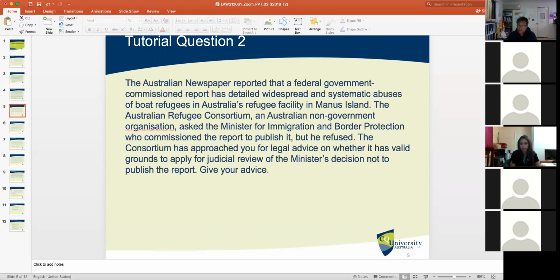It involves a political and policy decision on whether or not it should be released, because it has implications on the susceptibility of the Australian government to being embarrassed by the report, potentially being subjected to legal processes or even lawsuits. So it is a political decision.